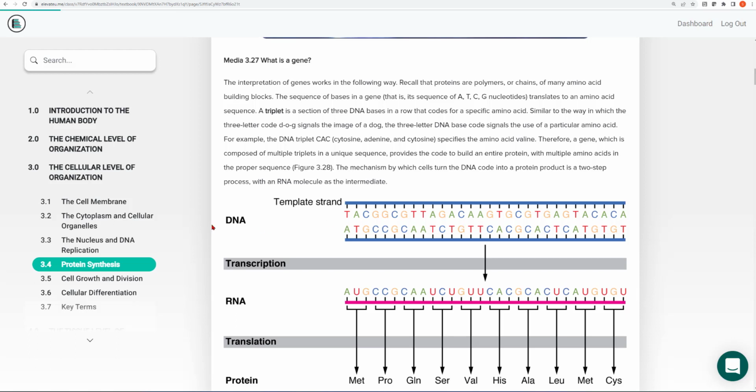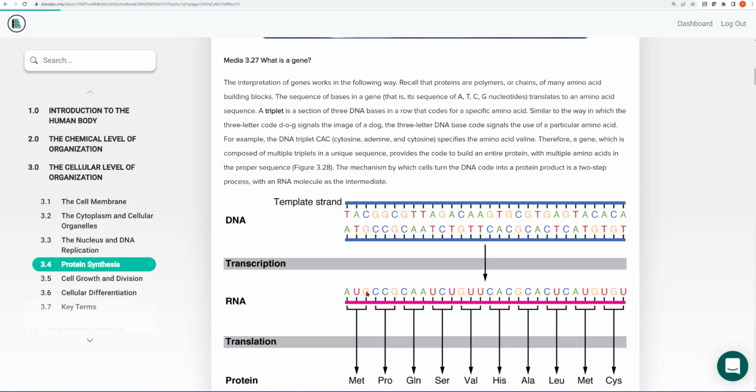In the cell, DNA undergoes a process called transcription. In transcription, the top strand of the DNA, in this case, is read by a series of enzymes to create another molecule called mRNA, or here it's just showing RNA. So the T matches up to be A. The A matches up to be another base called uracil.